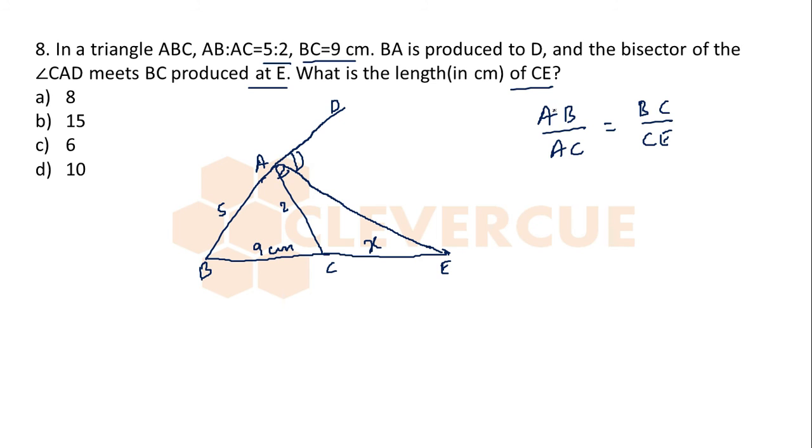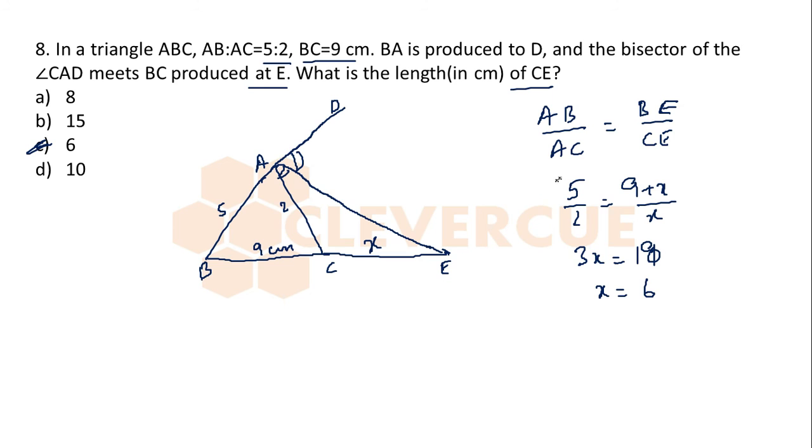Then AB by AC, that is 5/2, will be equal to BE by CE. Now this one will be 9 plus x by x, so here you will be having 5x on the left hand side, and on the right hand side you will be having 2x. When you take it on that side, you will be having 3x. So 3x will be equal to 18, and the value of x will be equal to 6. So option C is the right answer.